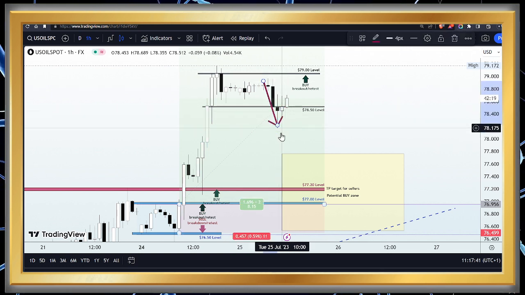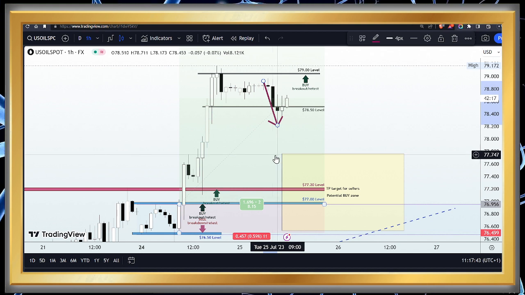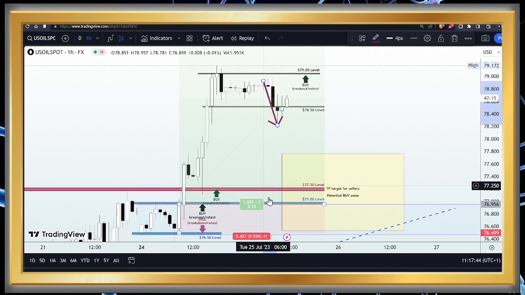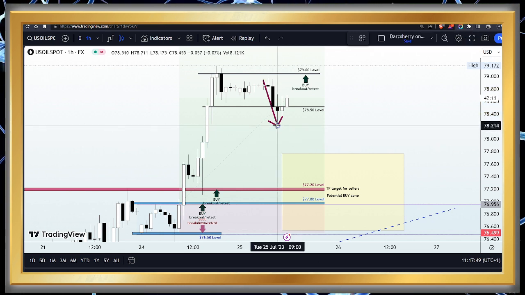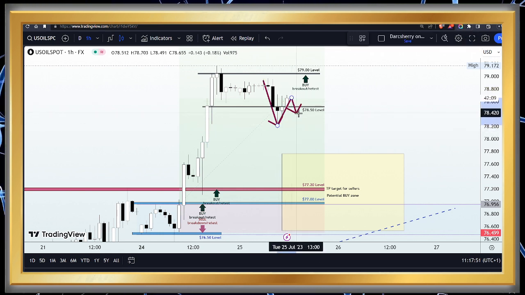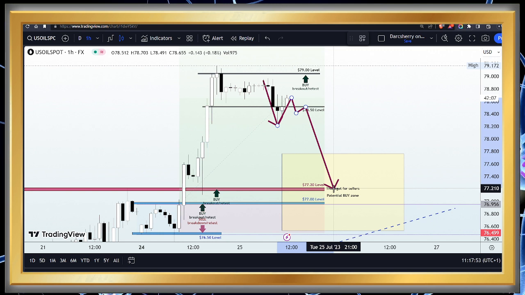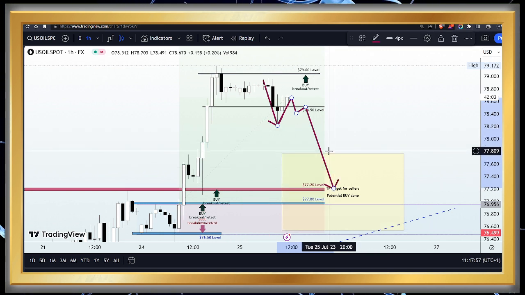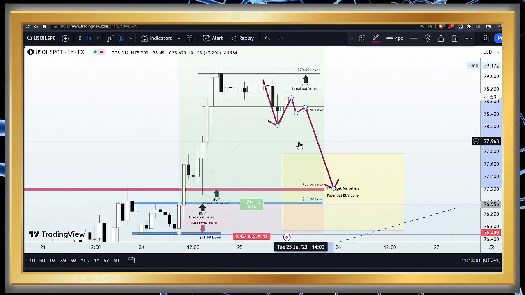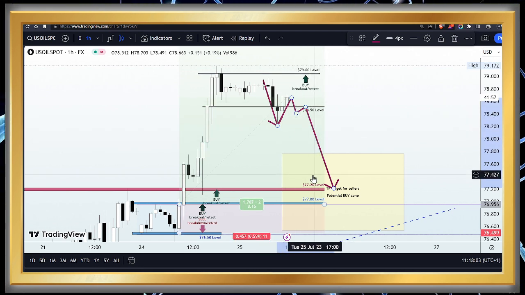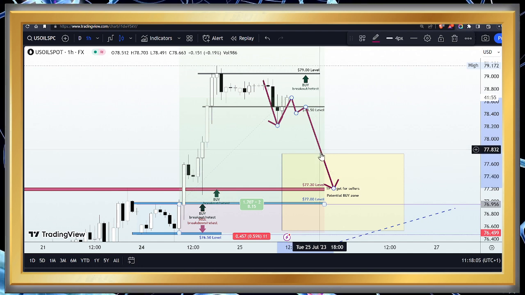And of course, from a technical standpoint, whenever we have a breakdown of a key structure such as the $78.50 level, we expect that at some point price would retest the structure to incite a move in that direction. And please note that this is going to be a counter trend opportunity if price action goes on to continue below the $78.50 level.